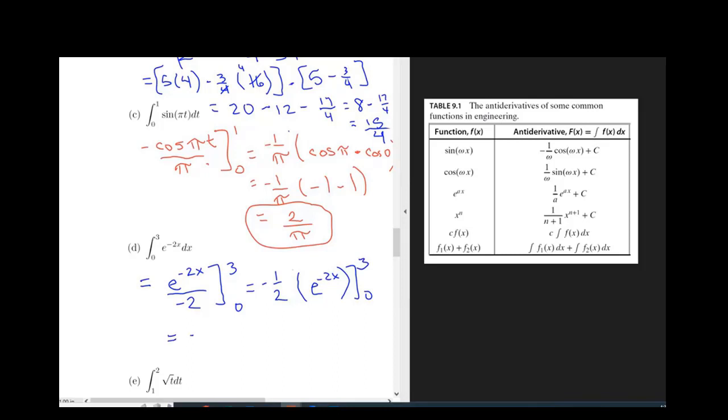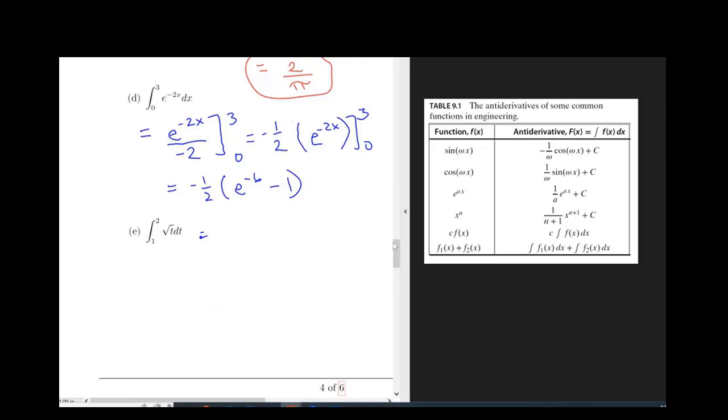So now I have minus 1/2 times, and then I plug in the 3, I get e to the minus 6. And then minus, I plug in 0, which gives me e to the 0. Everything to the 0 is 1. There's my answer. And that's it. There's nothing more to do.